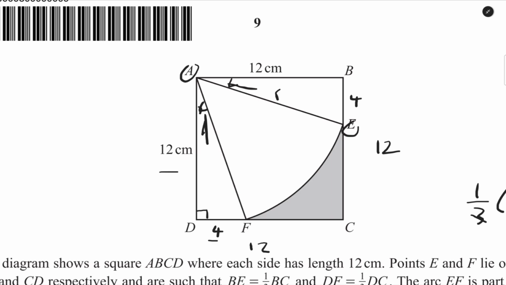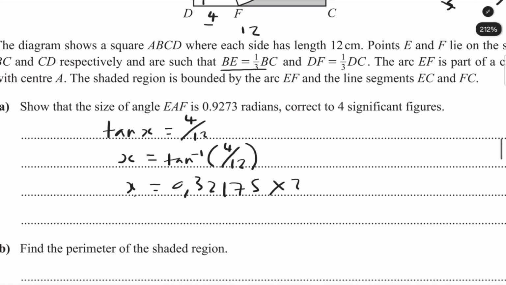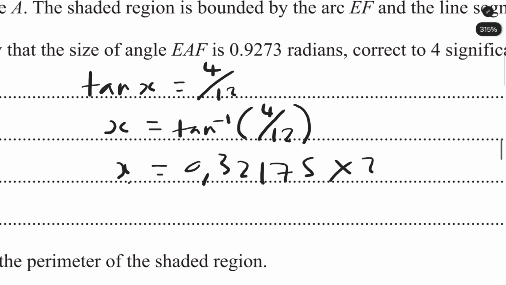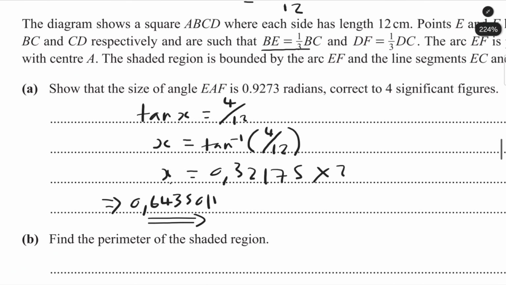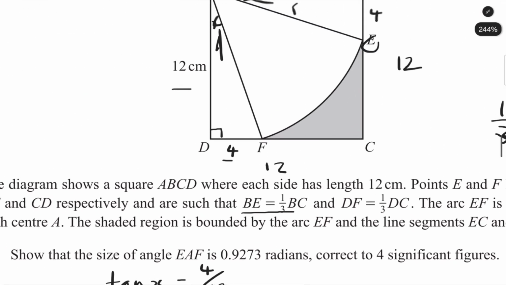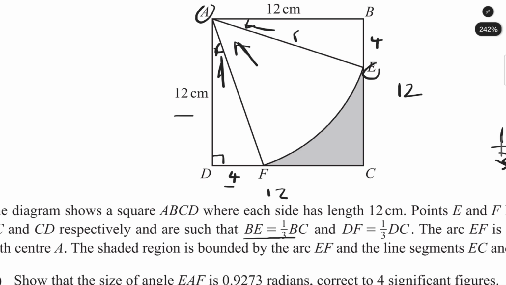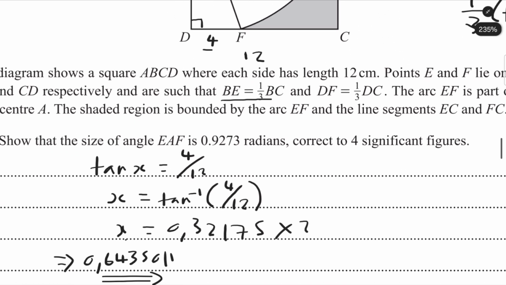We're going to multiply this value by 2 so that we get the value of this angle and this one right here combined, and in doing that, we get 0.643511, right? So finally, for us to get the angle EAF, we're going to say 90, which is half pi, minus the value we just got.